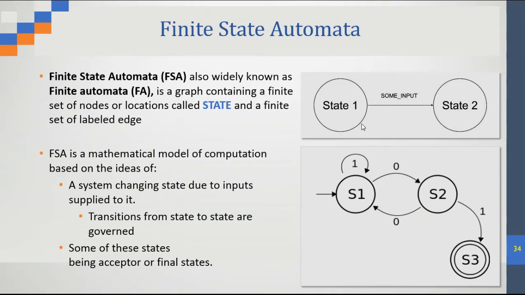So what is the finite state machine? Actually, a state machine, from the name, is a graphical presentation to describe the system. But here we describe the system as states. If we recap the use case diagram, we describe the system as components.